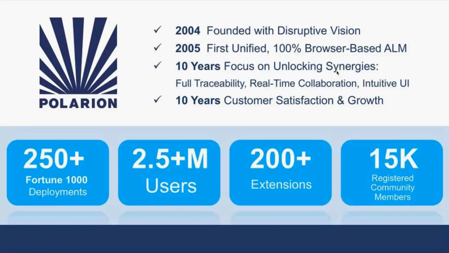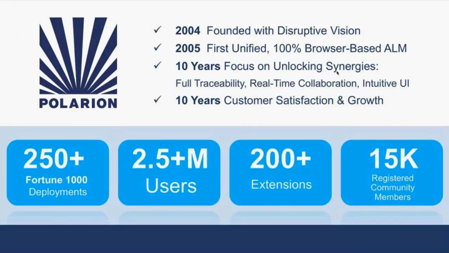Since the beginning, we have focused on unlocking the synergies between different teams by providing a unified repository for all the artifacts, requirements, tests, and development tasks, which enables full traceability and real-time collaboration in a quite intuitive user interface, for which our customers report very nice feedback to us.